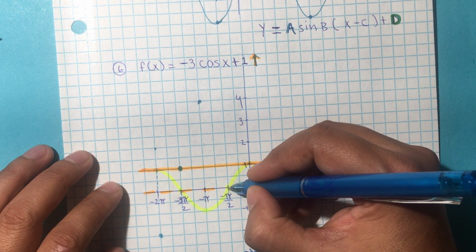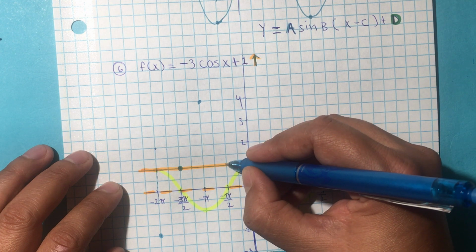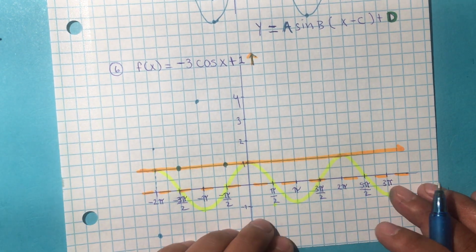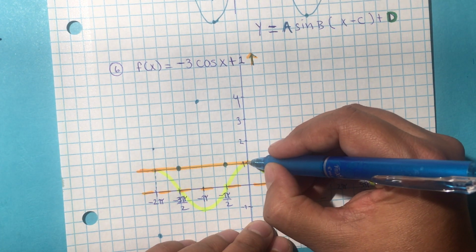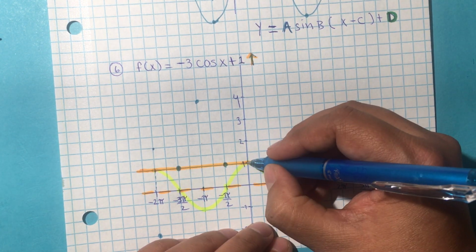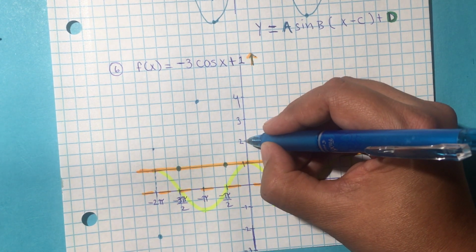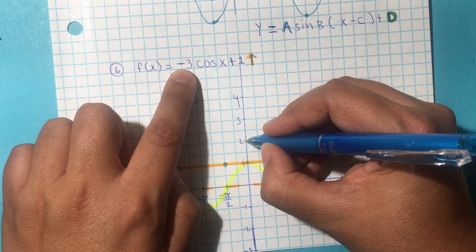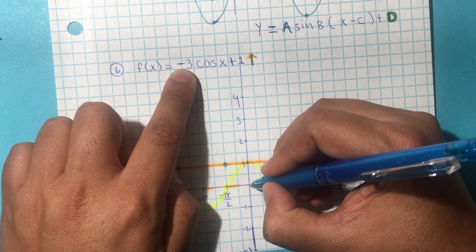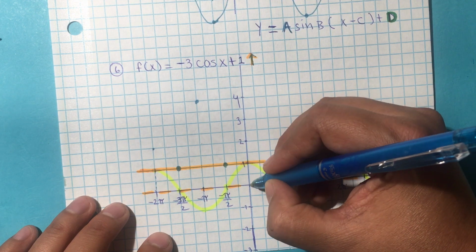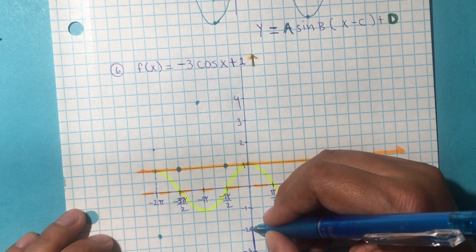For this one, it's right on the original line or the midline. So now it's on the new midline. This one is above the original midline, so the new point is going to be above the new midline, which is here. But again, it reflects to the other side and it multiplies by 3. So 1 times 3 is 3. 1, 2, 3 right here.